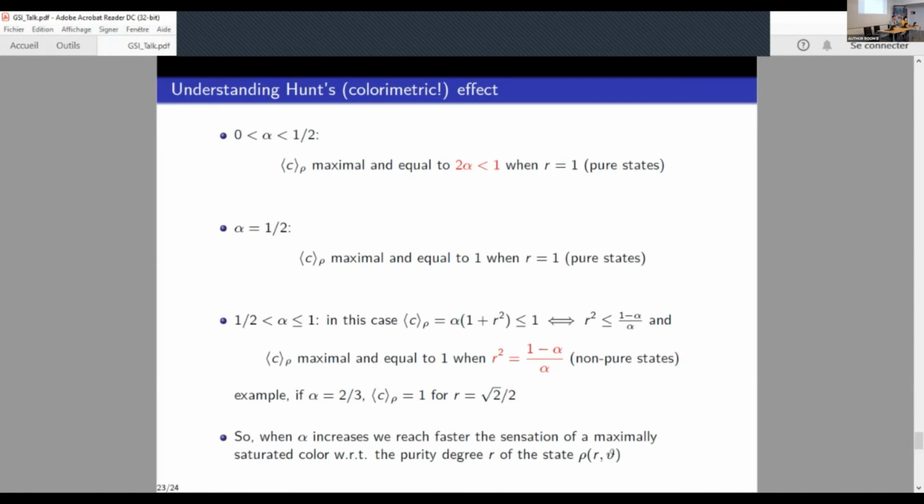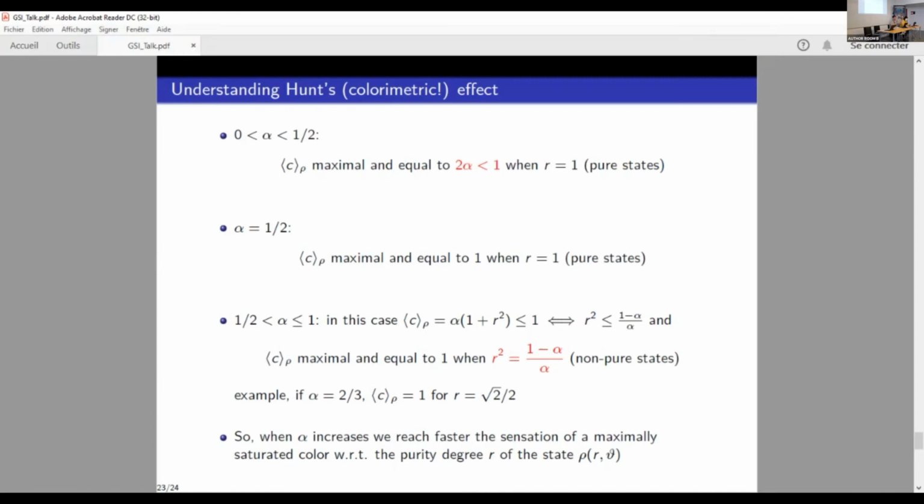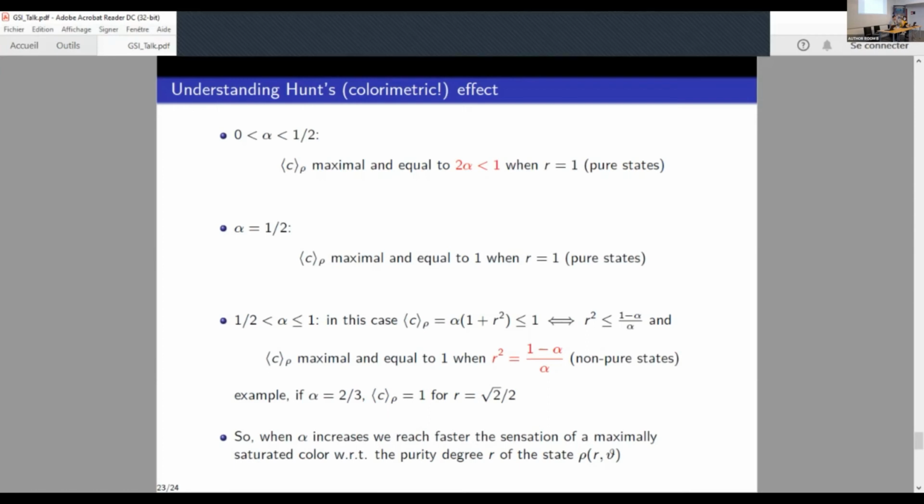Instead, when alpha is equal to 1/2, we have what a great colorimetrist whose name is de Valois called the adaptation state, which is the state in which the human visual system places itself naturally if light is not too bright or not too dim. And when we are in this condition, we have that the expectation value of C on rho is maximal and equal to 1 precisely when R is 1, so for pure state. So it's the best possible condition.